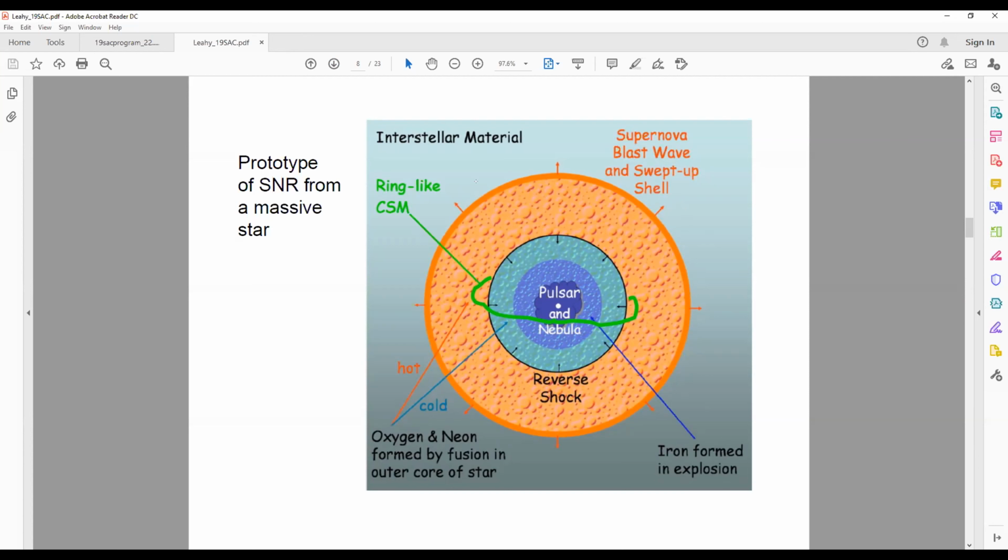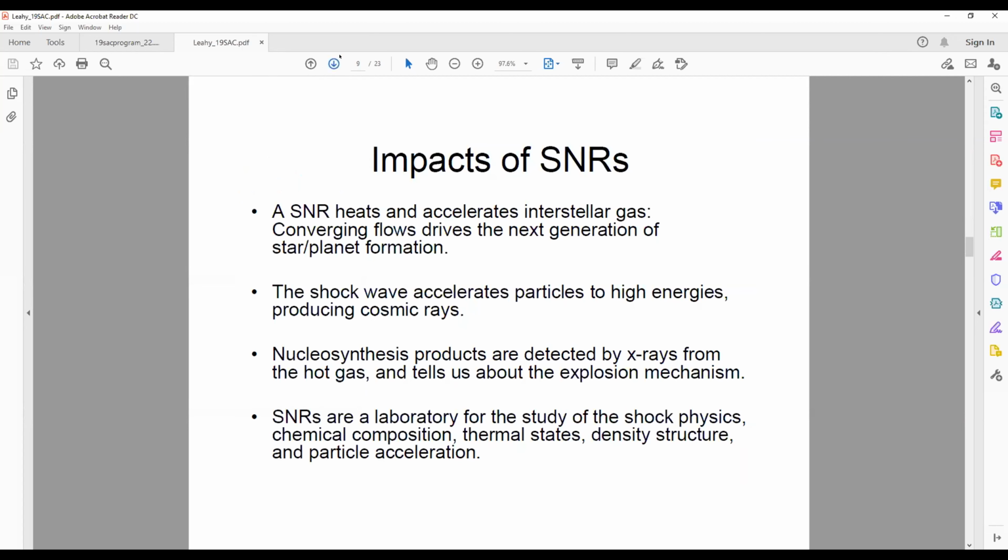The outer shock is still going out and heating the interstellar medium, but you develop an inward going shock which has to reheat the cold ejecta, which is the stellar envelope, which is expanded and cold. Okay, so I mean, we know all of this. I'm not going to spend time on this.